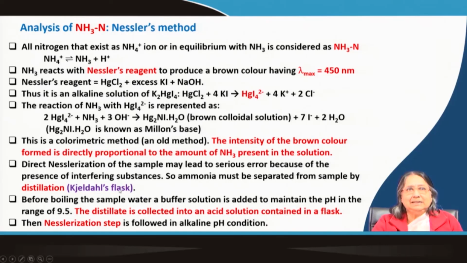This is some type of distillation flask, and there you take a definite volume of sample, then you make the solution alkaline by using some alkali, say potassium carbonate, and then you have to heat it. Then the ammonia will be produced and it will be steam distilled.